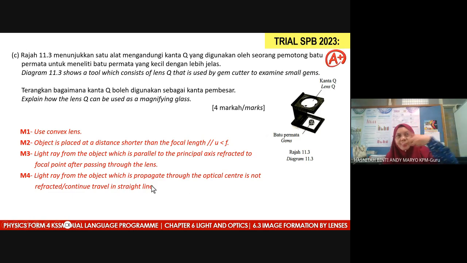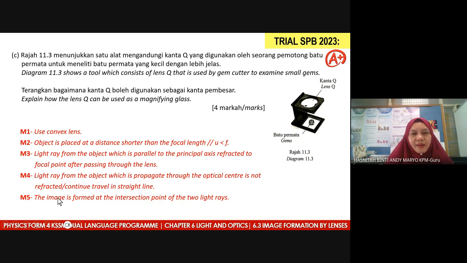So this is the first rule of drawing the ray diagram. Okay, and finally, the image is formed at the intersection point of these two light rays. So you can get 5 marks from here, but the maximum is 4 marks.